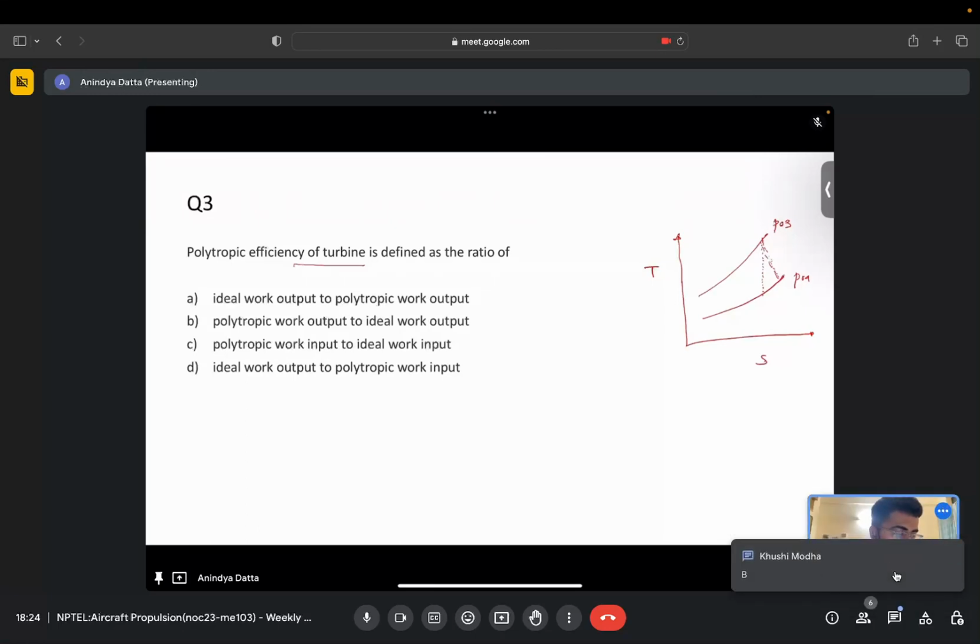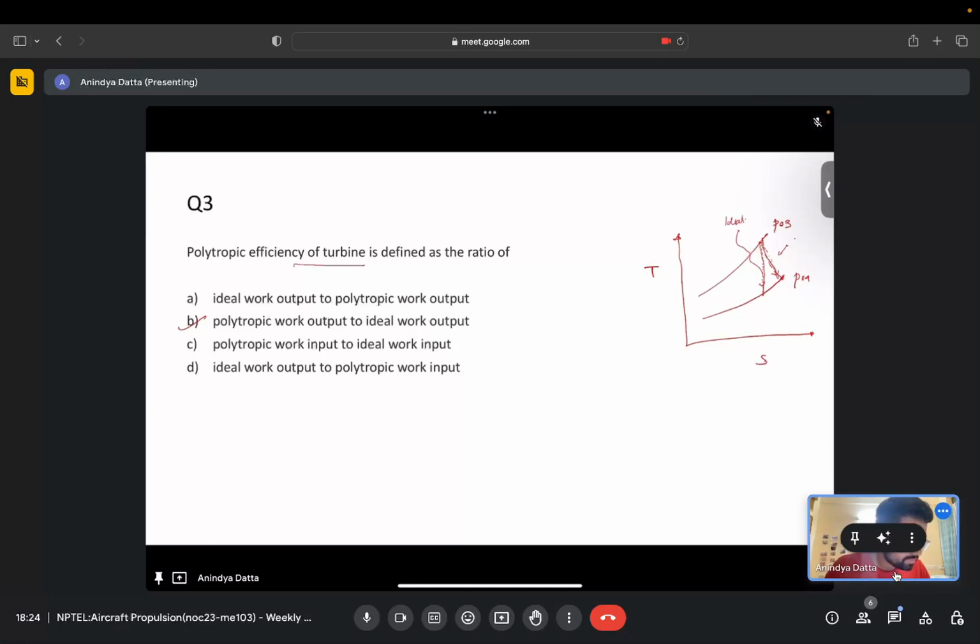That's why the option is option B, because in the case of turbines the ideal work output is always larger than the actual work output. So it has to be polytropic work output divided by the ideal work output. This is ideal, and this is our actual process, but we are approximating it as a polytropic reversible process.